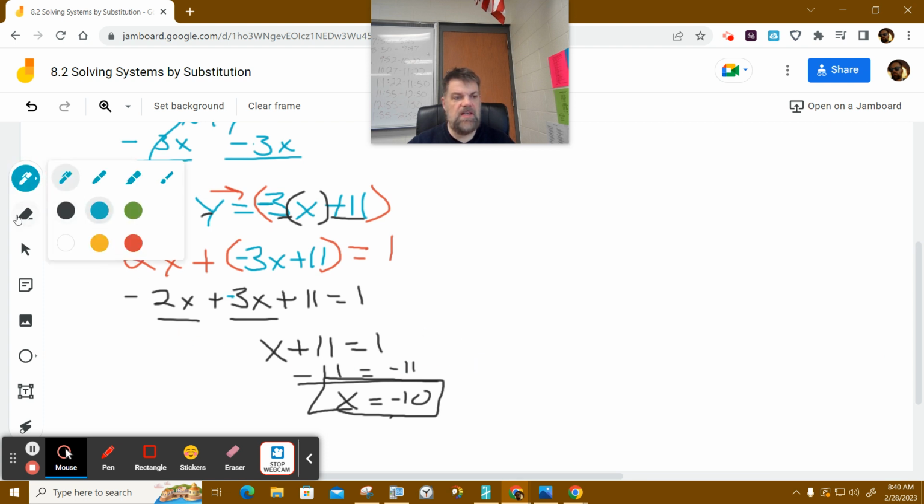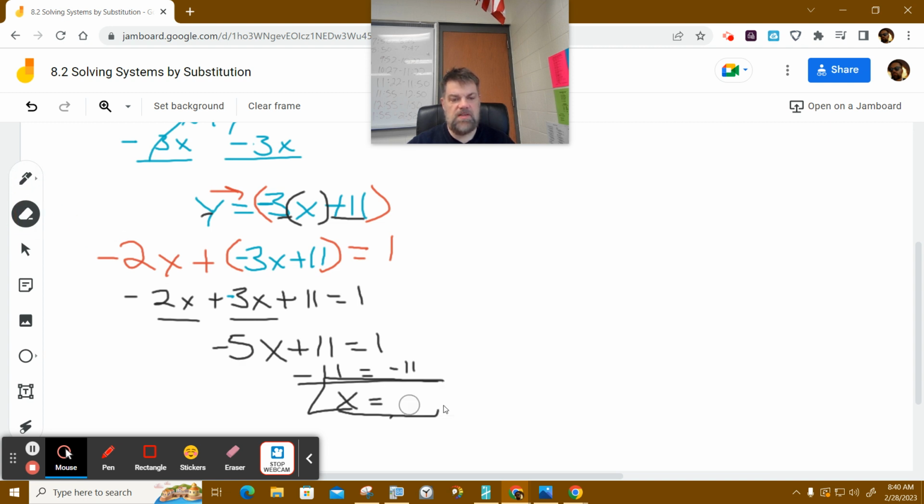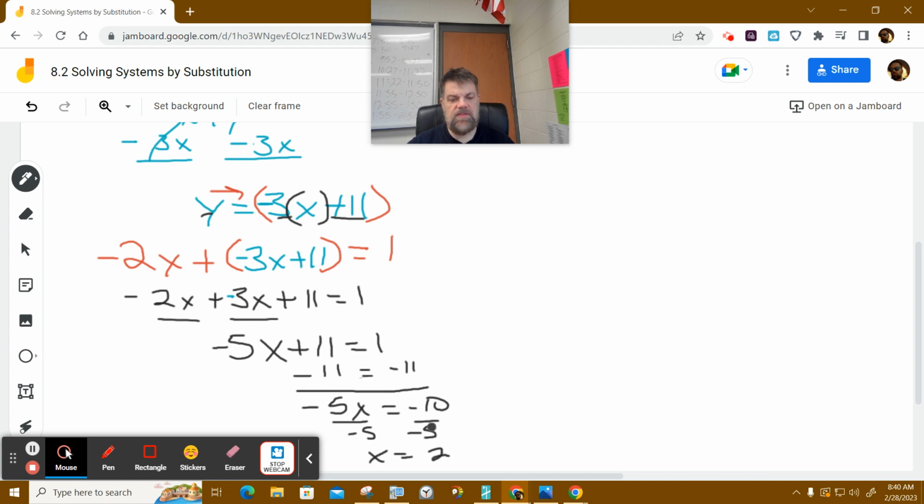Then down here, this becomes a -5x, and the only thing that really changes is this very last line. I've got -5x equals -10. Divide both sides by -5, and I get x equals +2.